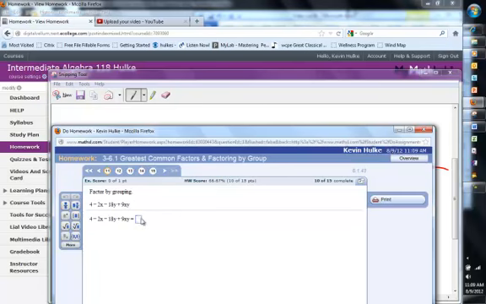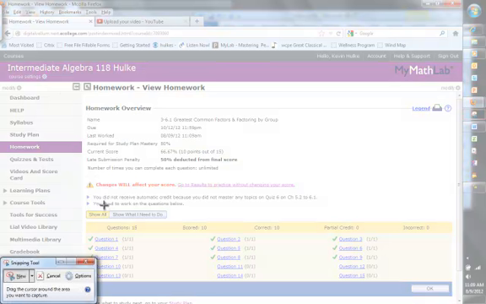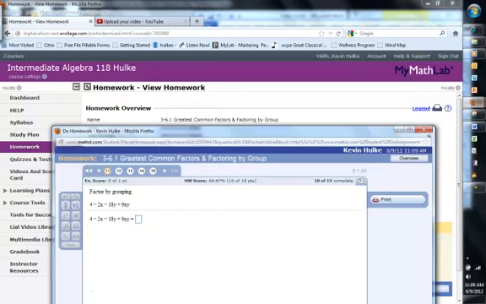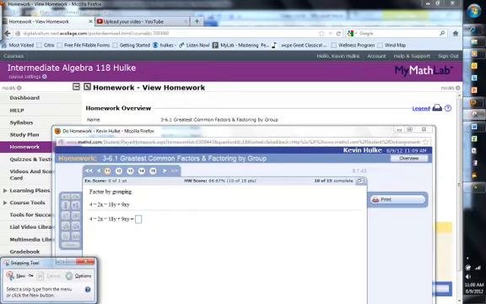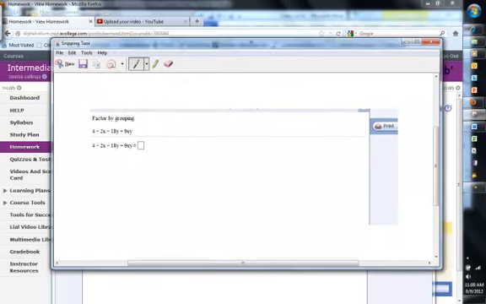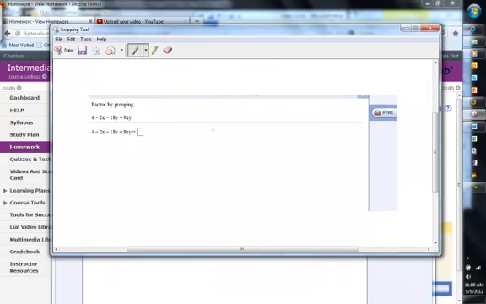Number 11, another factoring by grouping. Okay, so we've got 4 minus 2x minus 18y plus 9xy.